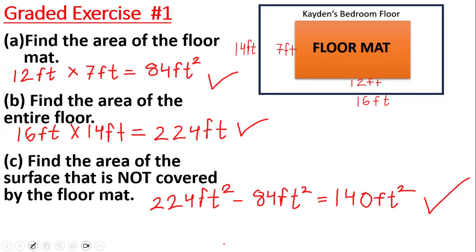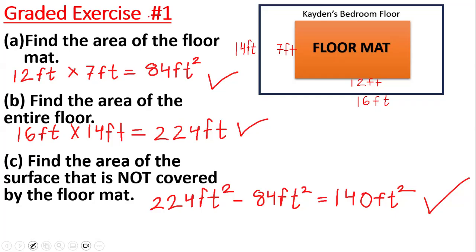Inside the chat, what is the area of the first one? We're going to do length times width. Length times width is going to be 5 times 7, which is what? 35 inches squared. Very good. Number 2, what did you get for that one?